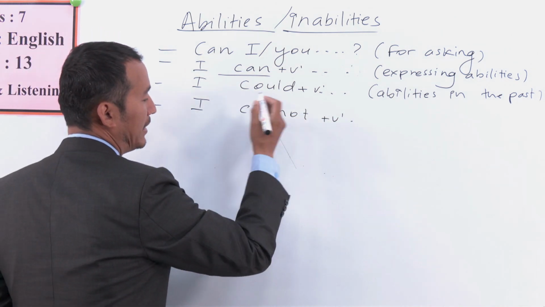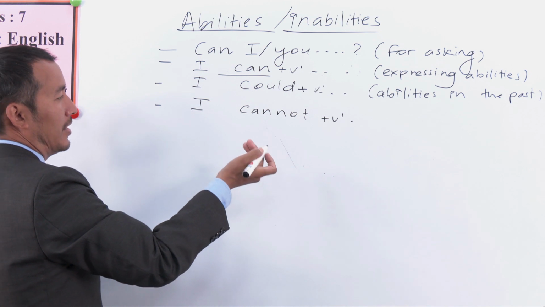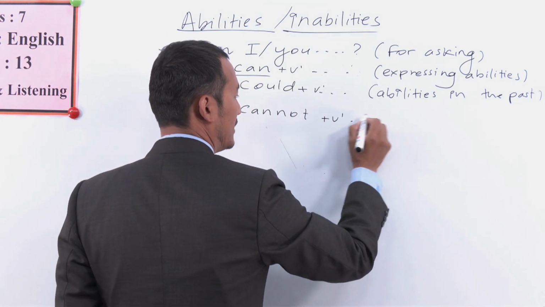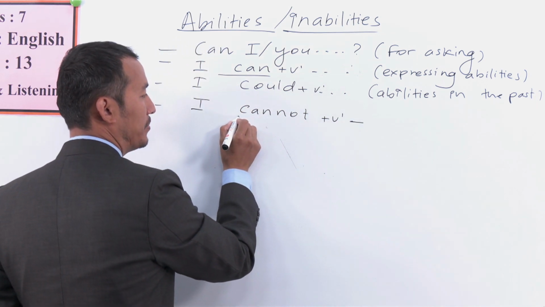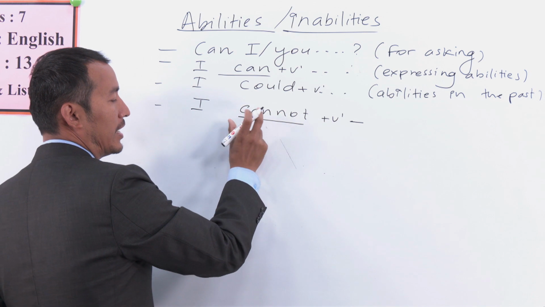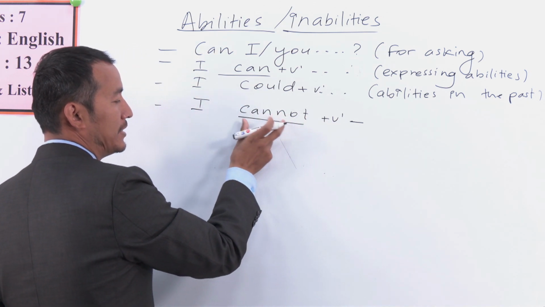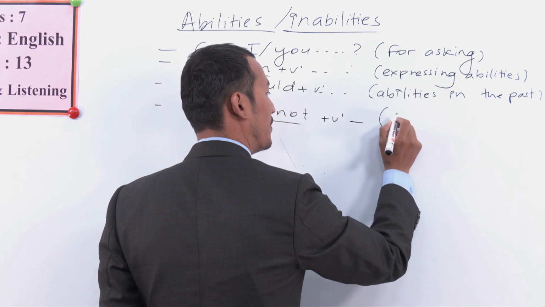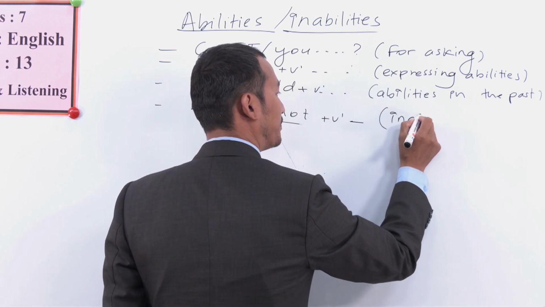And for inabilities, for the negative of your abilities, you can say "cannot". Look here, we have the word "cannot" attached together. You don't separate them. It is generally written together, and it is used for inabilities.